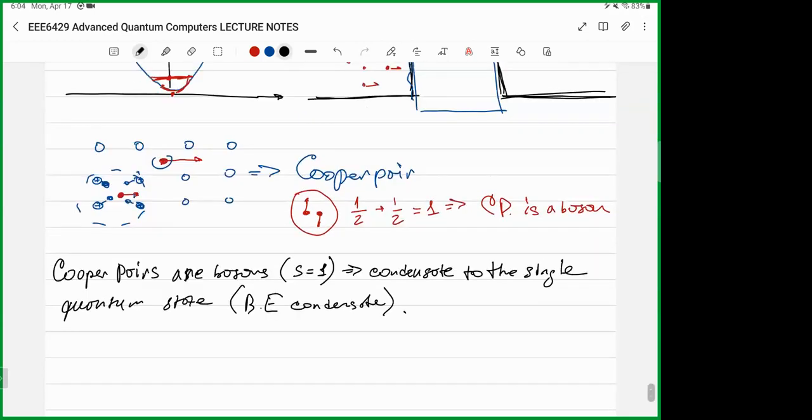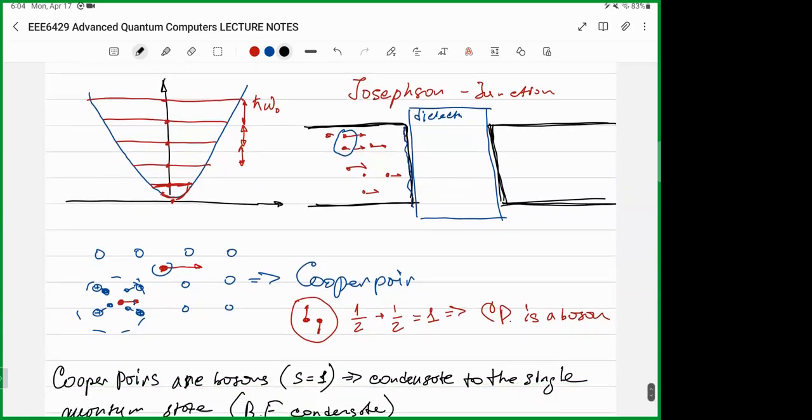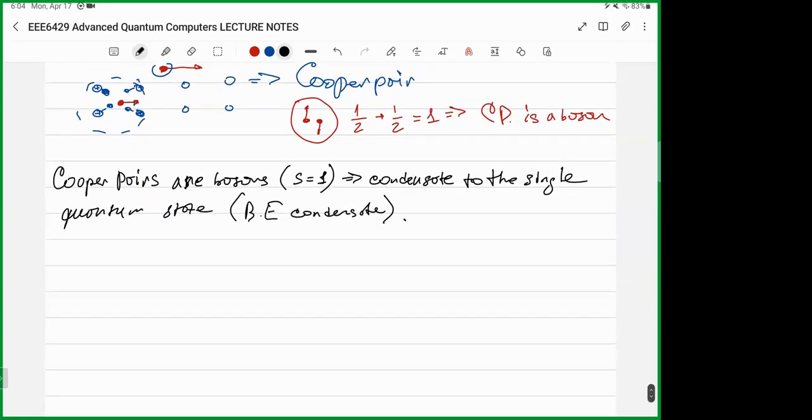So in this Josephson Junction effect, a similar thing happens to Cooper pairs. The electrons interact through the crystal structure of the metals, and they form Cooper pairs. And as they form Cooper pairs, the gas of Cooper pairs condenses in the Bose-Einstein condensate.